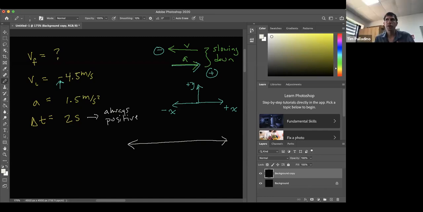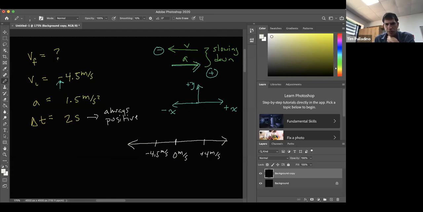It's a good question, and that's why I'm drawing this next axis. If this is a velocity axis, not a distance axis, let's call this minus 4.5 meters per second, and we'll call this plus 4.5 meters per second.